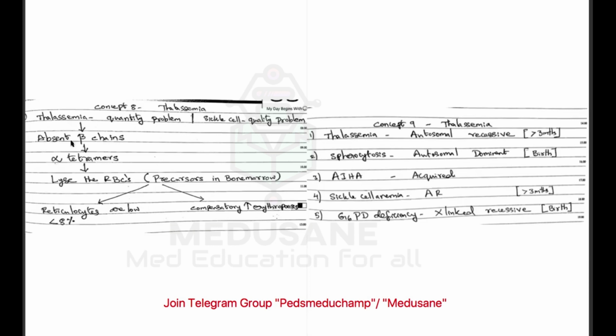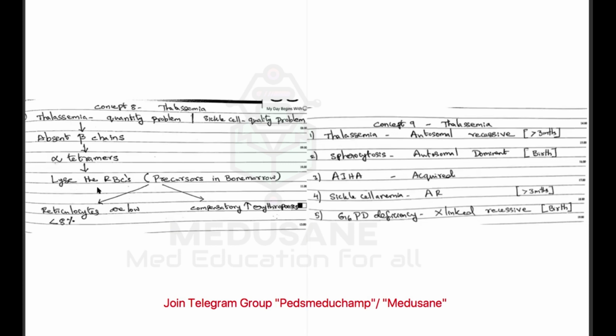And what will happen in thalassemia major? I'm talking about major. So beta chains are going to be absent, the pathophysiology. So alpha chains are going to form tetramers. Since there are no beta chains, all the alpha. So for any globin chain, you need the tetramer. Either it is alpha 2, beta 2. Since beta 2 is not there, the alpha is going to form tetramers, and these tetramers are going to lyse the RBCs.